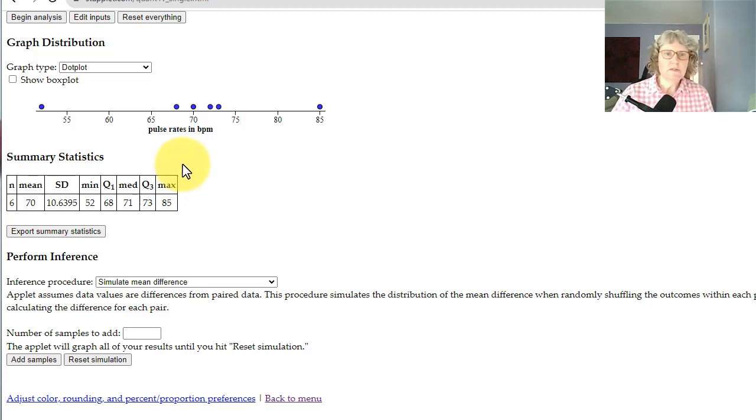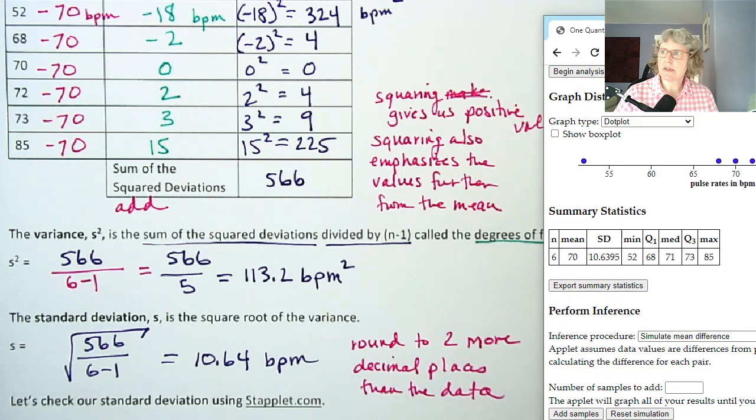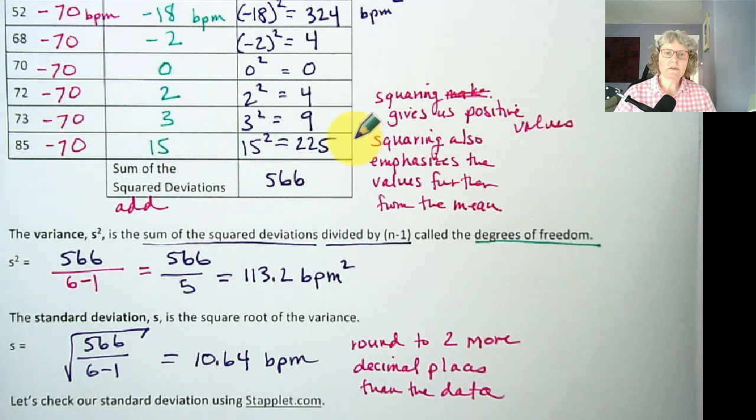So what you can do if it asks you for a standard deviation is put it into Staplet, okay? But now I think you have a sense of how it's the average deviation from the mean. So on average, the people's pulse rates were 10.64 away from the mean.